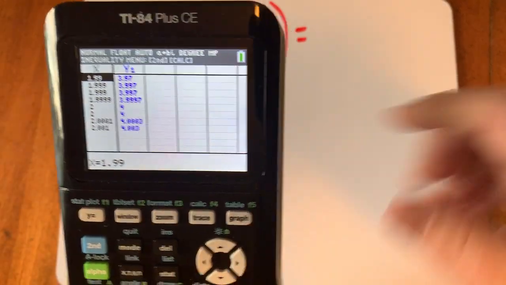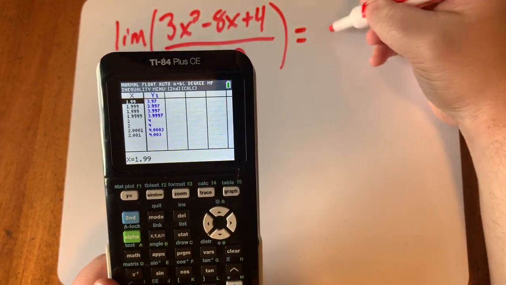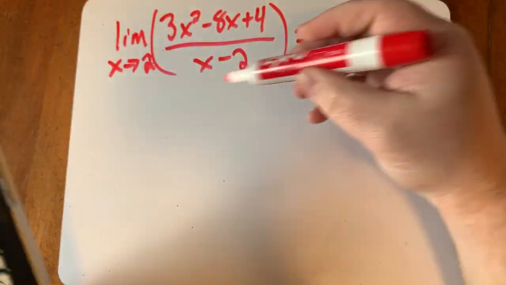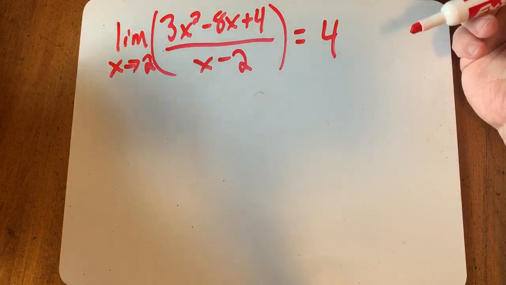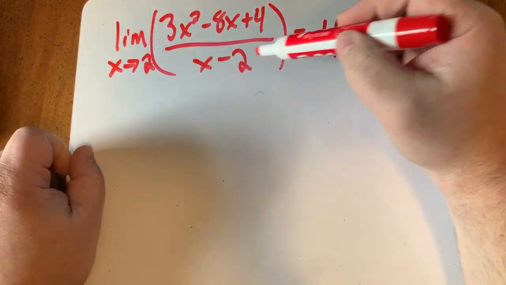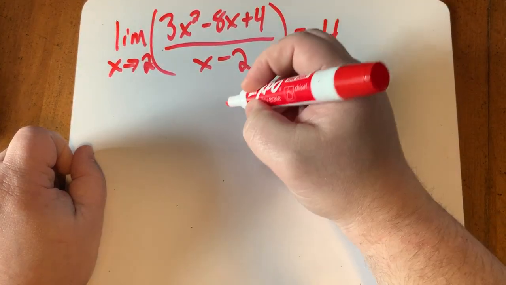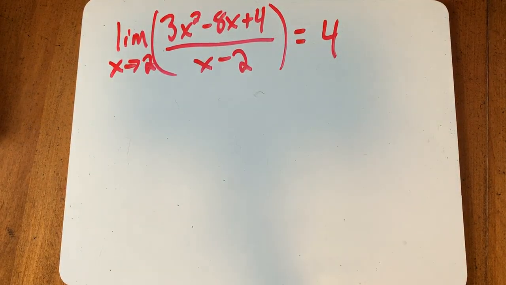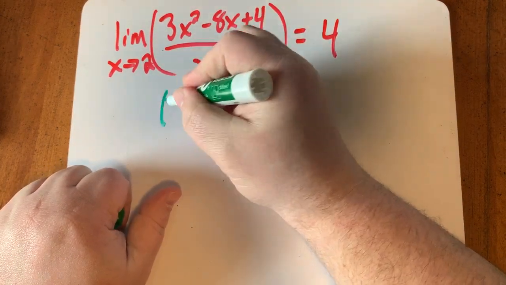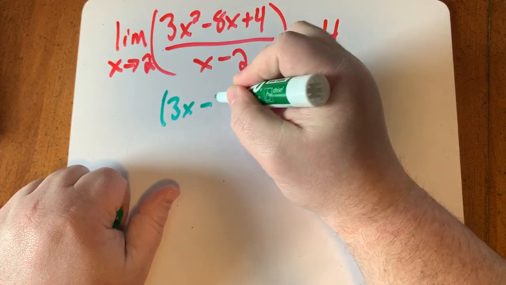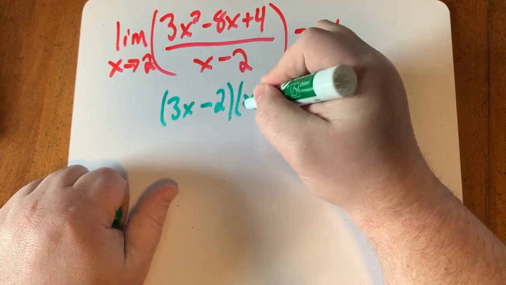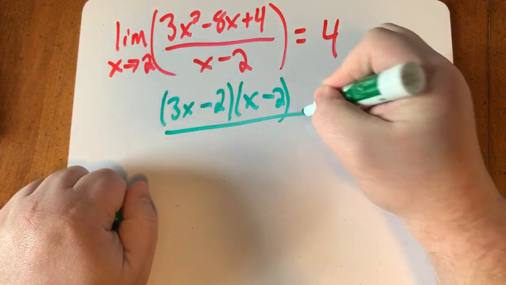Oh, look, it's approaching the same thing, even though we couldn't plug it in. But if we analyze this as a function, this rational function, that numerator factors to 3x minus 2, x minus 2.